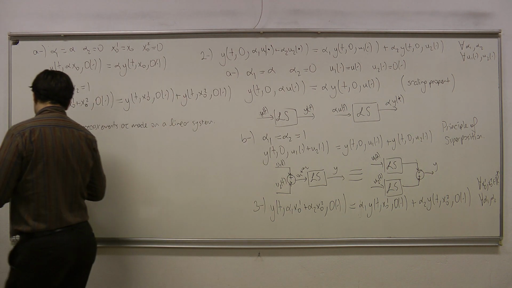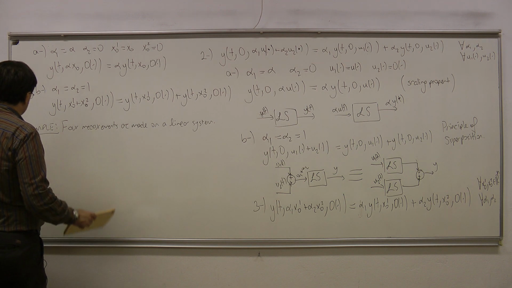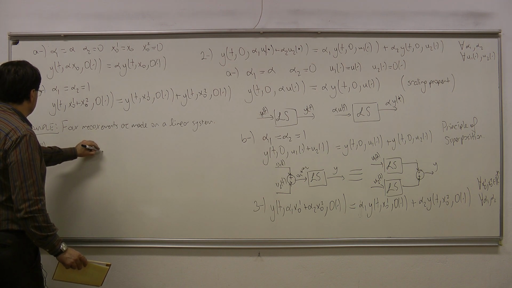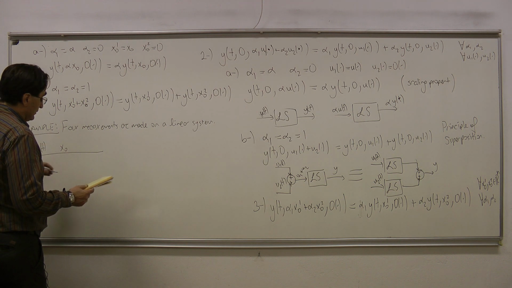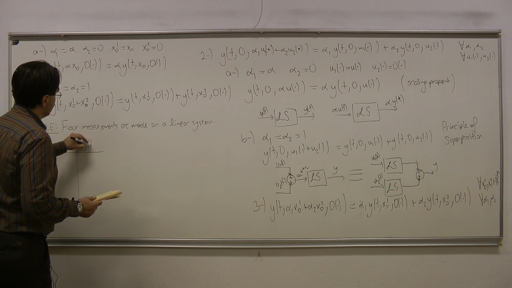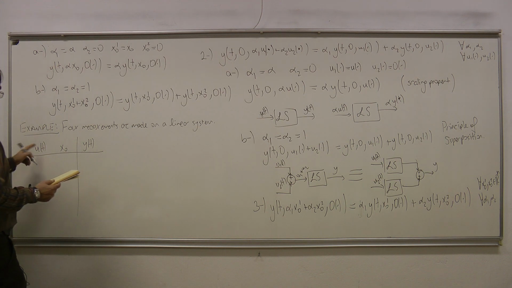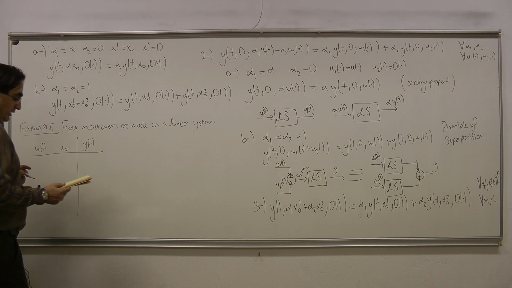I'm going to make a table here. I will first tell you what the input is in the experiment and what the initial condition is, and what the output is for that initial condition and input pair.